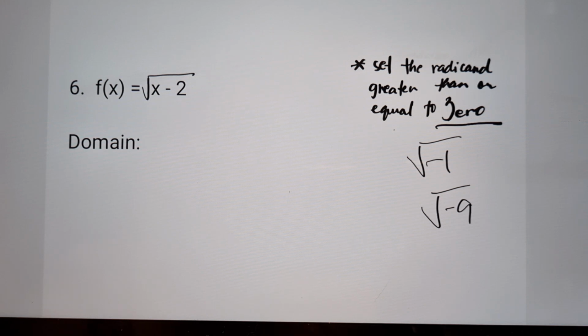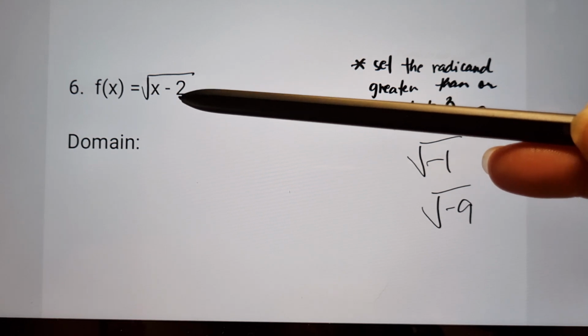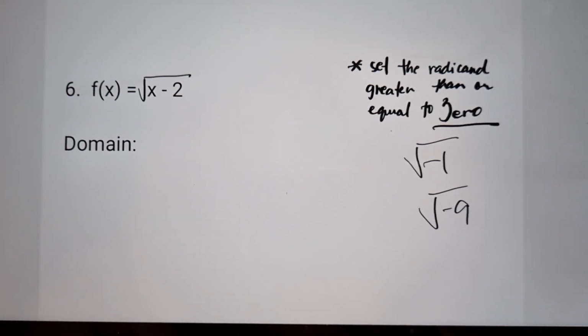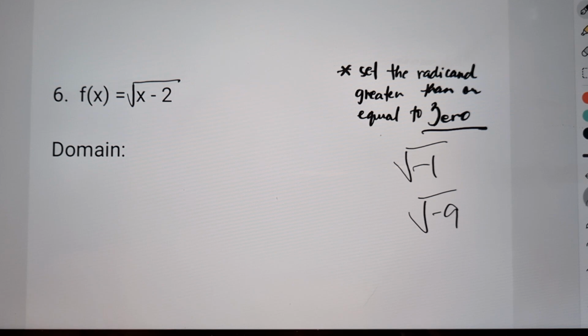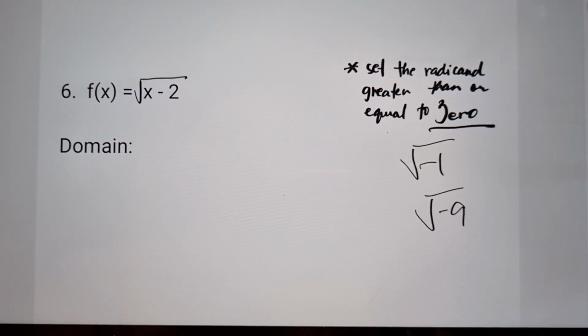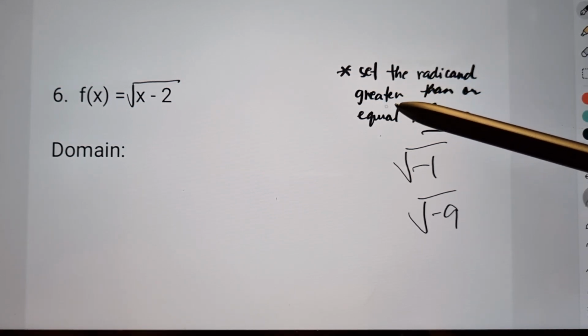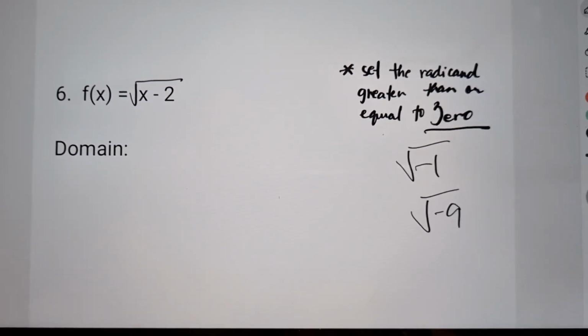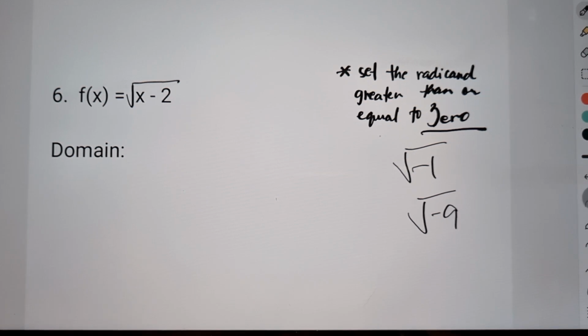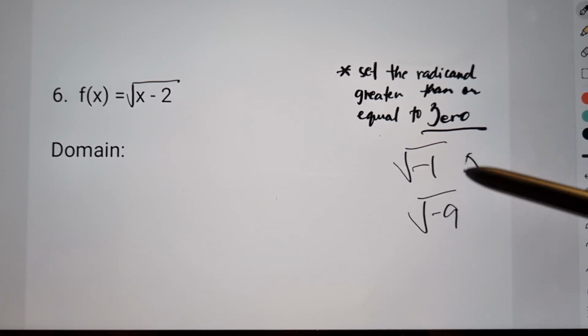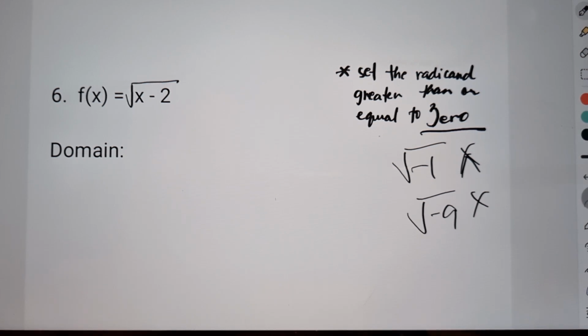So here, dito ngayon, ibig sabihin, ang restriction natin ay dapat ang expression na sa loob ng radical sign or yung radicand ay hindi dapat magiging negative. Ibig sabihin, we are going to set the radicand greater than or equal to 0. Kasi pag sinabi nating greater than or equal to 0, ibig sabihin nun, positive number siya, hindi siya negative. Okay? So this one, hindi natin pwedeng extract yung square root.